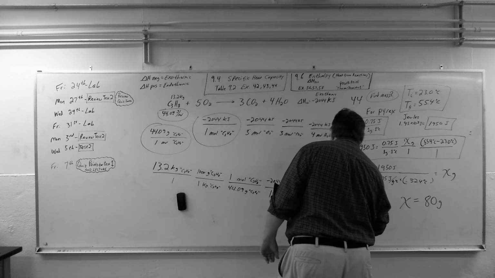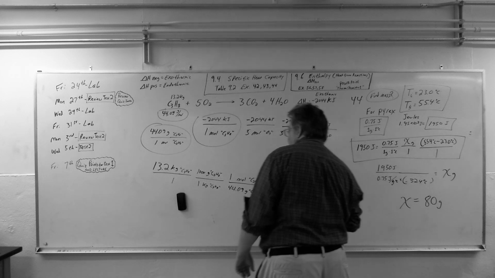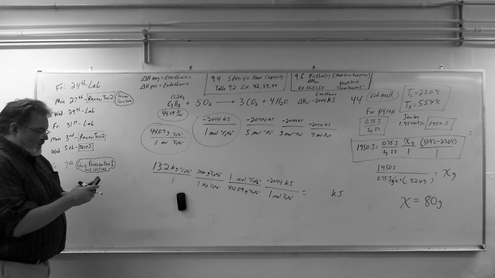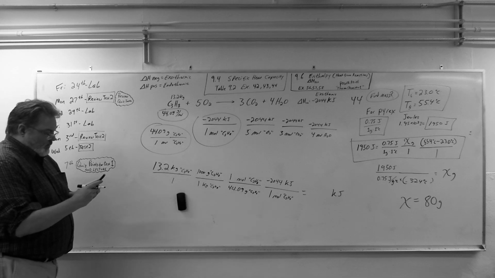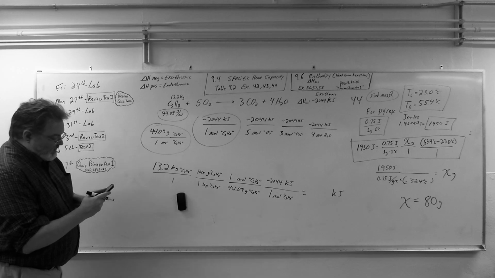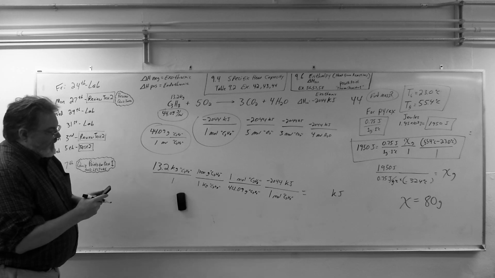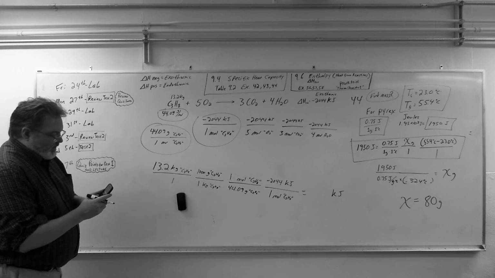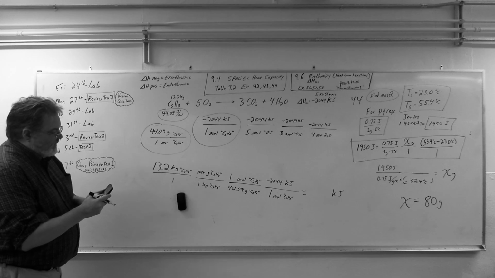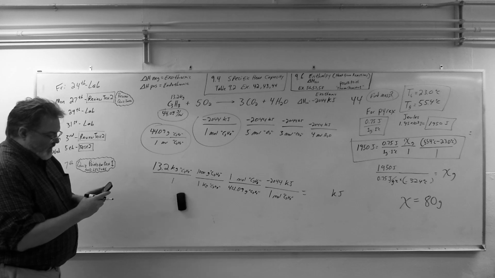And then we'll end on kilojoules, and that's fine. All right, 13.2 times 1,000 times, you don't have to do the negative here. So I'm just doing 2044 divided by 44.09.